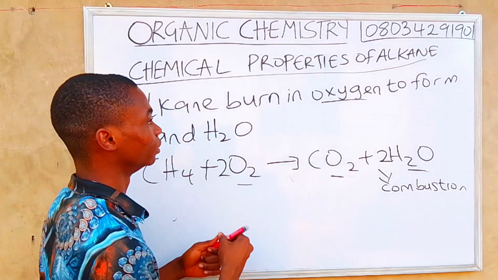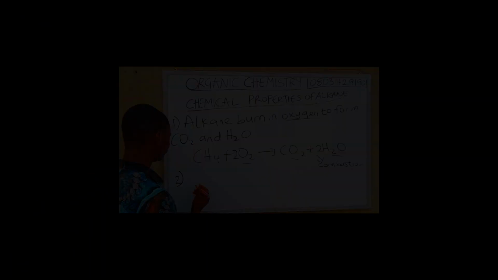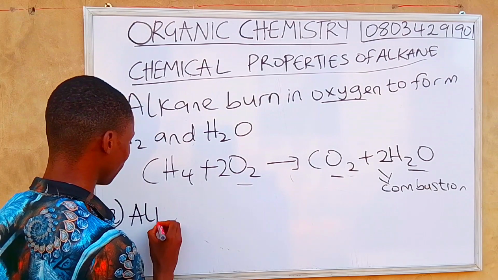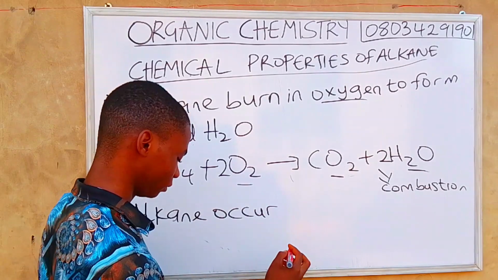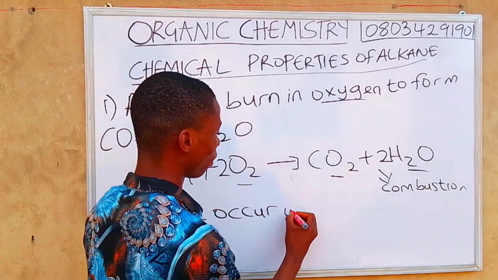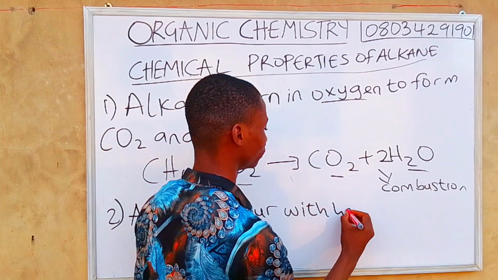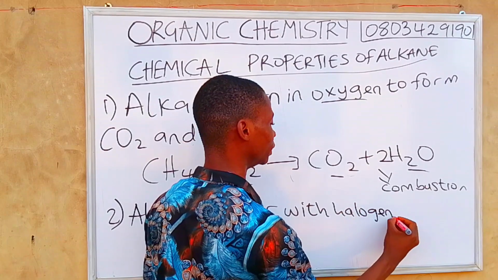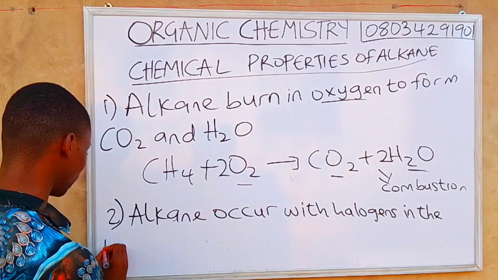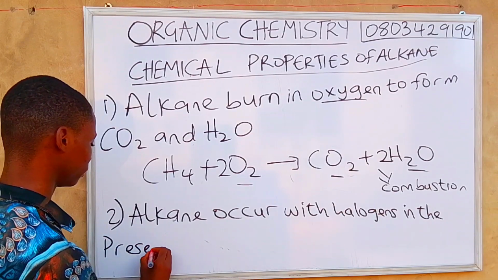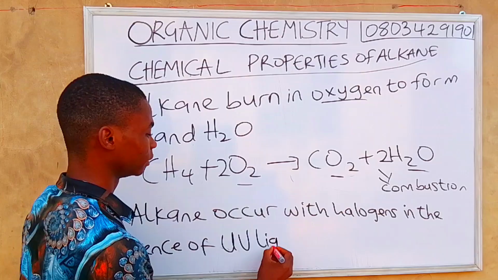So now let's continue. The second one is alkane reacts with halogens in the presence of UV light.